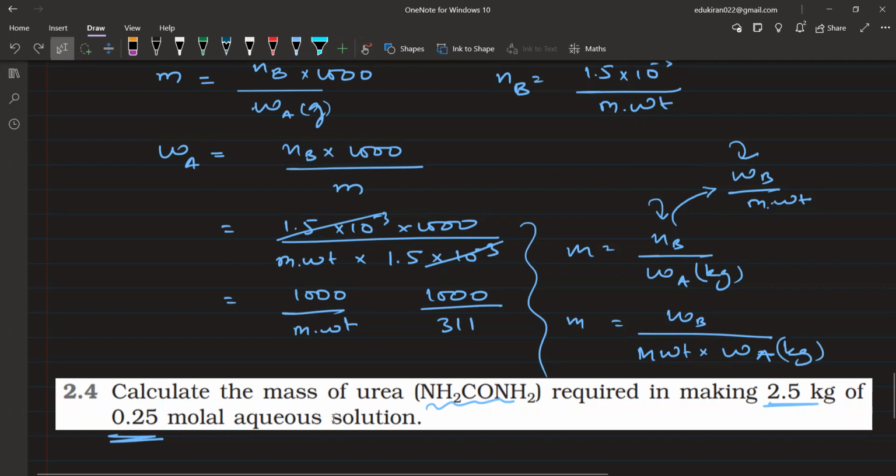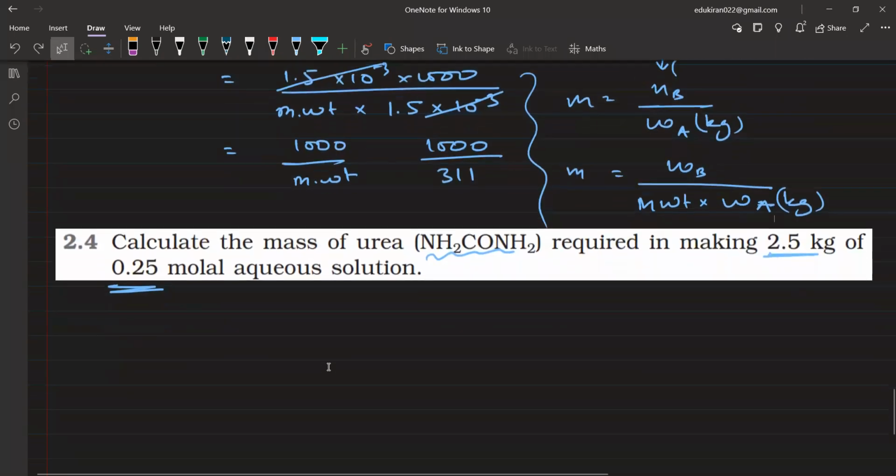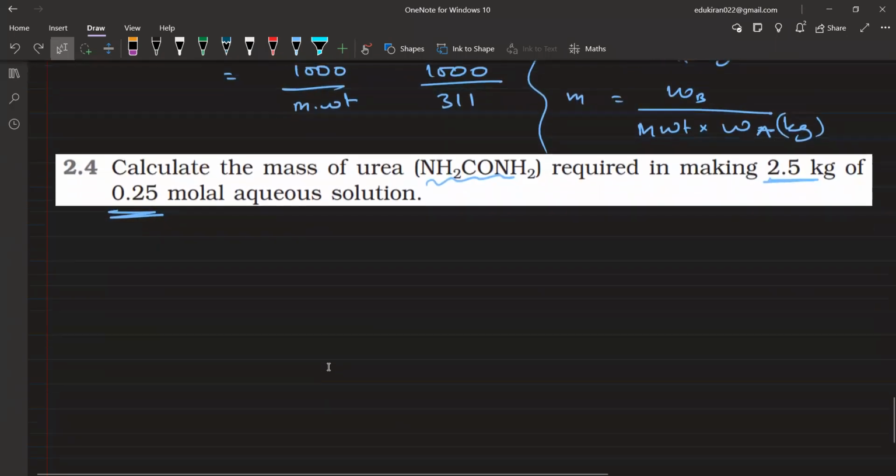Anyone got the answers still? Nobody got it? Why are you taking so much time? Sir, is it 36.49 or 37? Correct. What is the molar mass of urea? 60 grams.